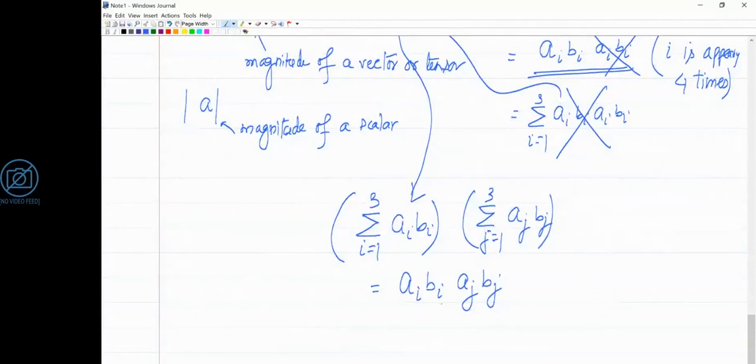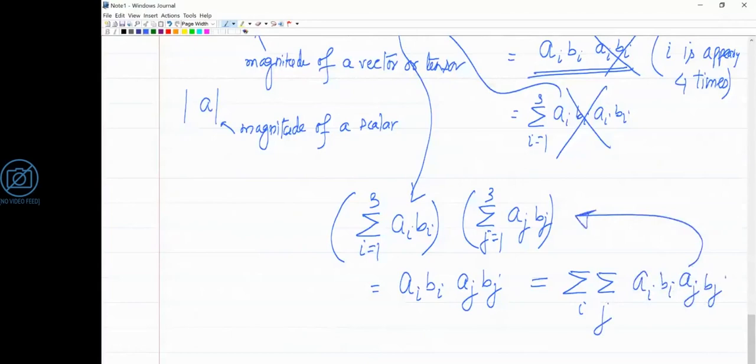So I is repeating twice, that means there is a summation over I, and j is repeating twice, that means there is also a summation over j. So this is then a double summation over I and j, AI BI AJ BJ. And this is exactly what it is. Okay?